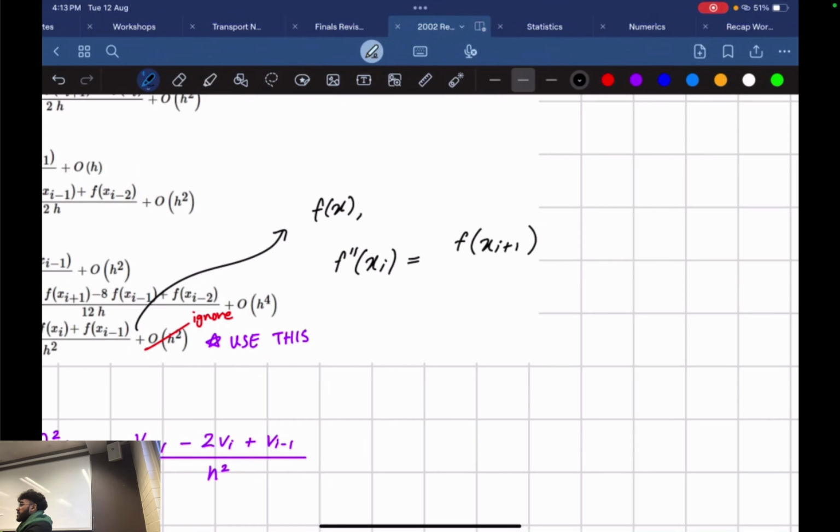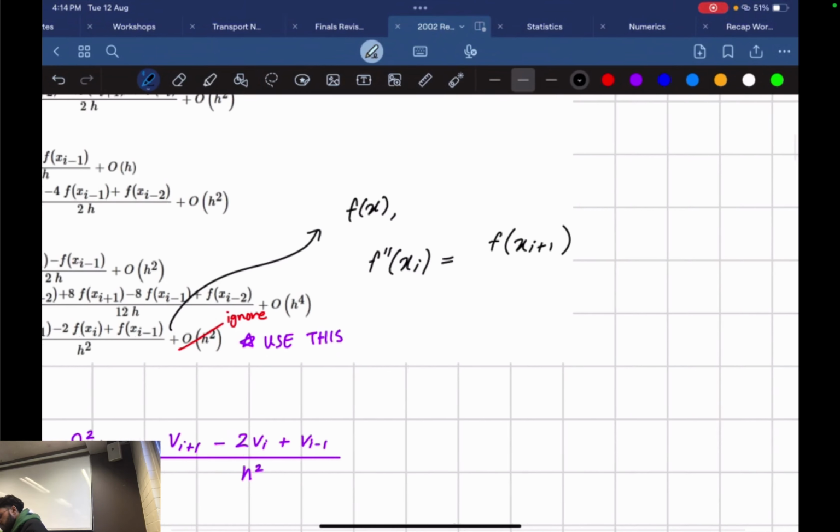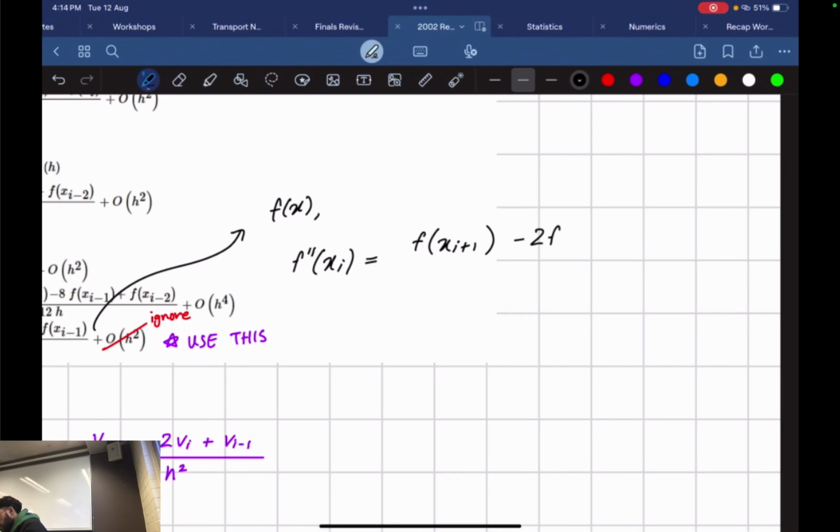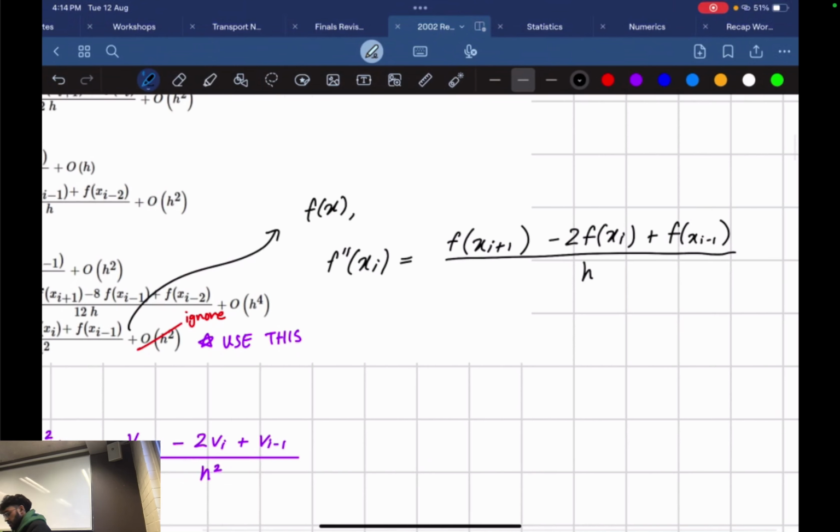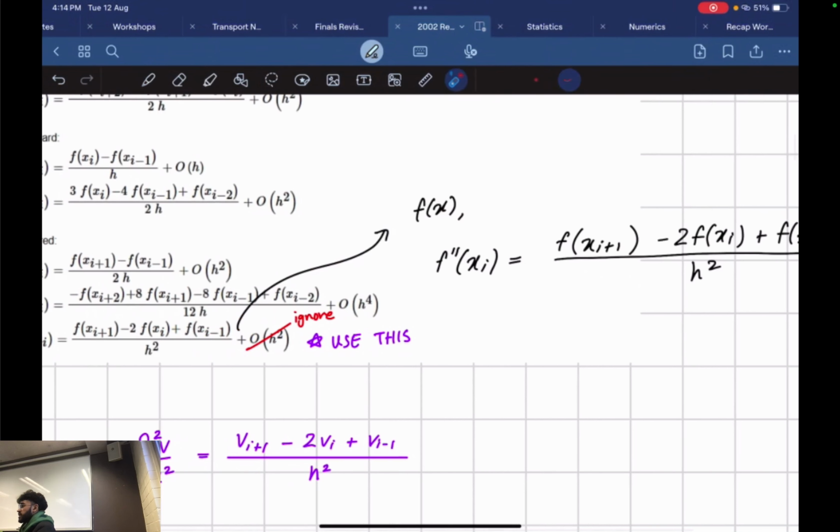So you take one value after xi, you sub it into f, then you do minus 2 times f of xi plus f of xi minus 1, and then you divide all that by h squared. Another thing to notice is that they've given you an error estimate of O(h squared). You can just ignore it for this question. Actually, finding the error O(h squared) is beyond the scope of the course, so you don't need to worry about it that much.